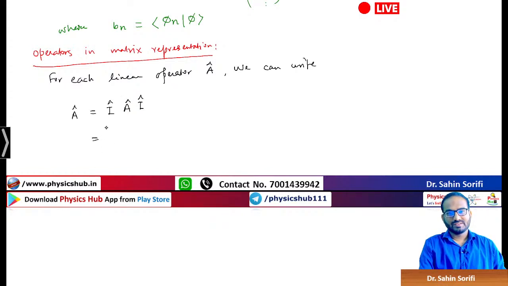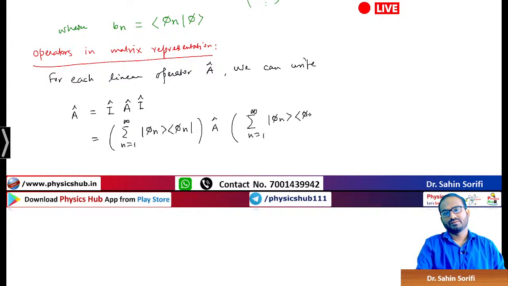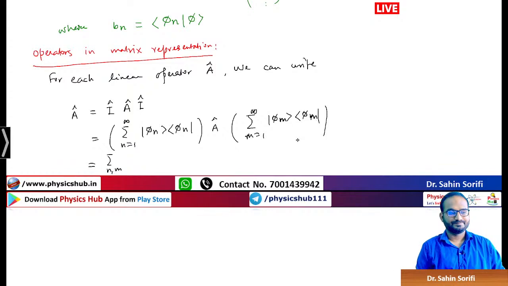Now what is I cap? Using the closure relation, we can write the sum over n from 1 to infinity of ket phin bra phin, then A, then again the sum over m from 1 to infinity of ket phim bra phim. Here we have used n, so let's use m here.